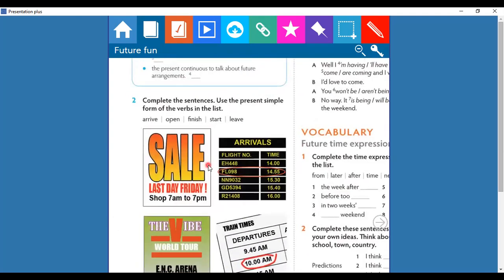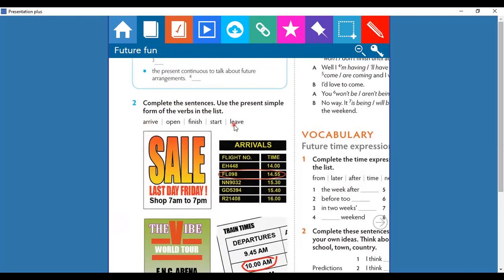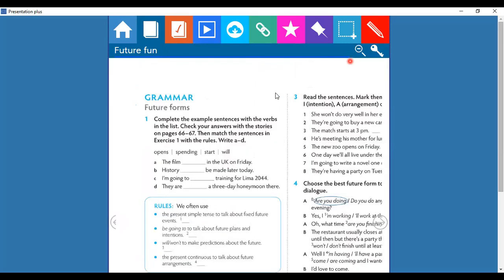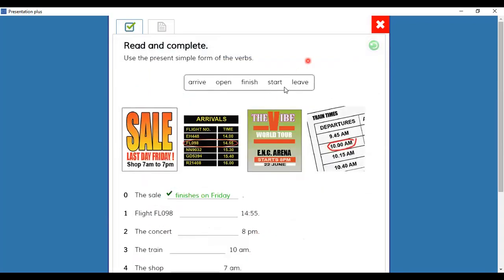Okay, let's see the real text. It says, complete the sentences, use the present simple. So we will be using only the present simple as timetable, like a service. All of these are services.